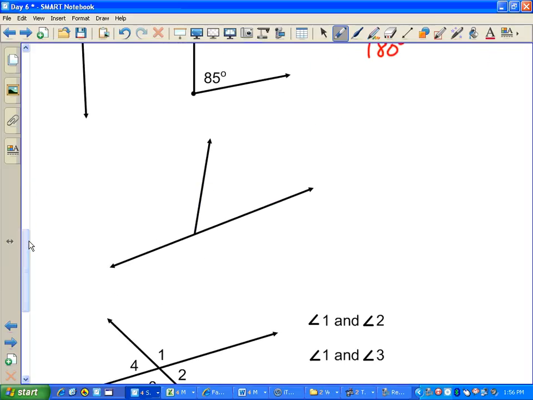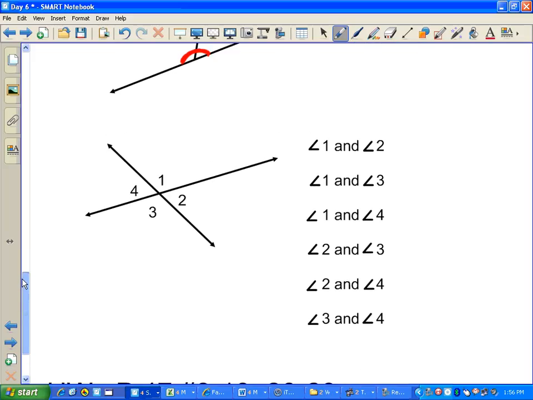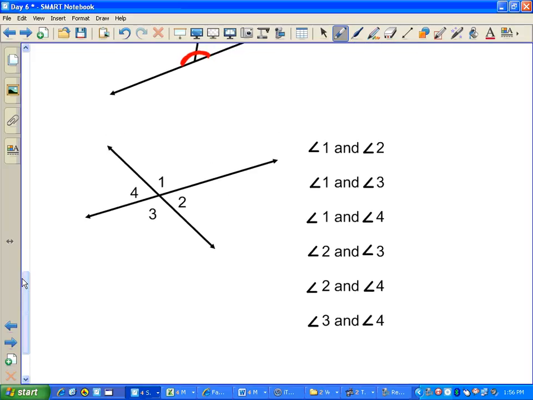Okay, these angles here will be a linear pair, because this angle in conjunction with this angle equals the straight angle here, equals 180 degrees. 1 and 2, they're next to each other and they would make this line together.